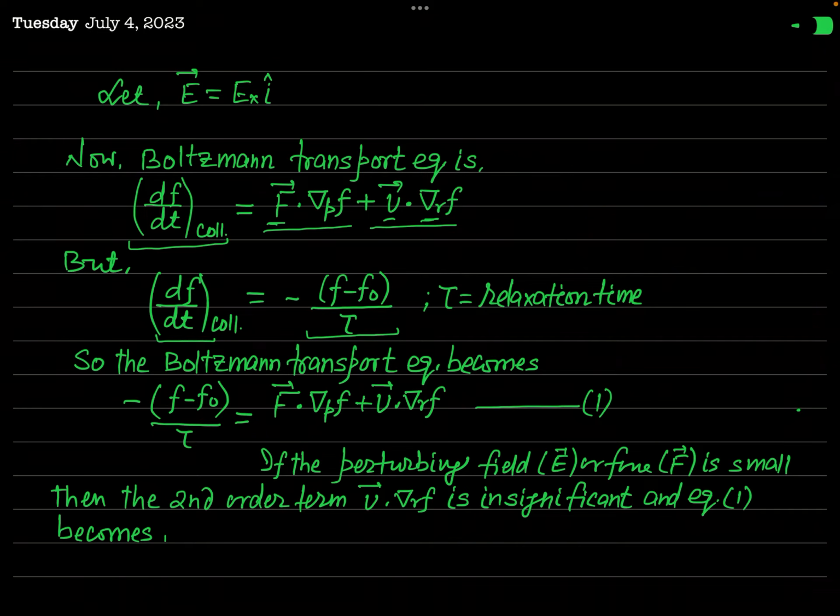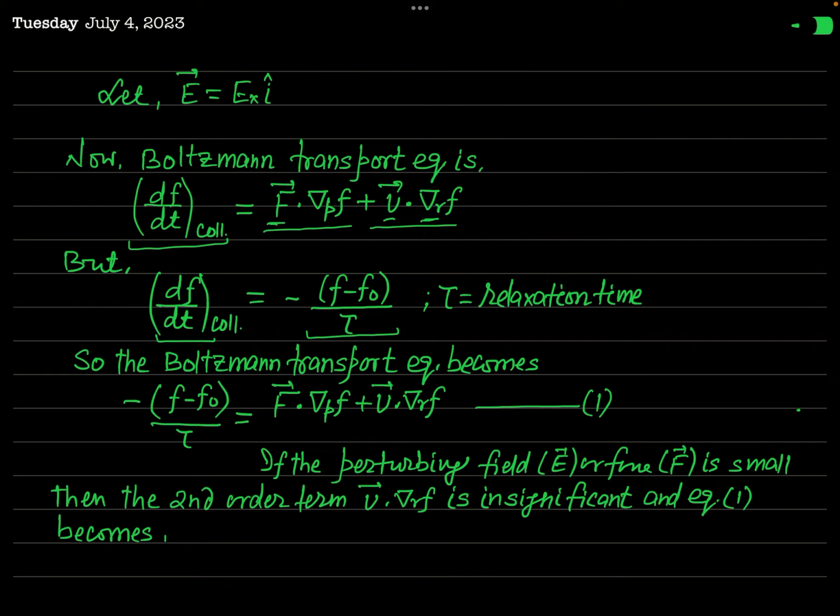And f naught is the distribution function in the undisturbed state of the metal, when you have not applied any external perturbing force or field. And when the external perturbing field is applied, it changes to f.